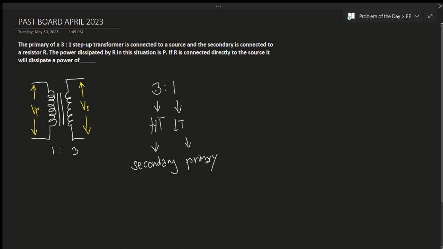The turns ratio is simply the ratio of the primary turn to the secondary turn, which is also equal to the voltage of the primary divided by the voltage at the secondary. It was said that the secondary is connected to a resistor R. So I'm going to connect some resistor.